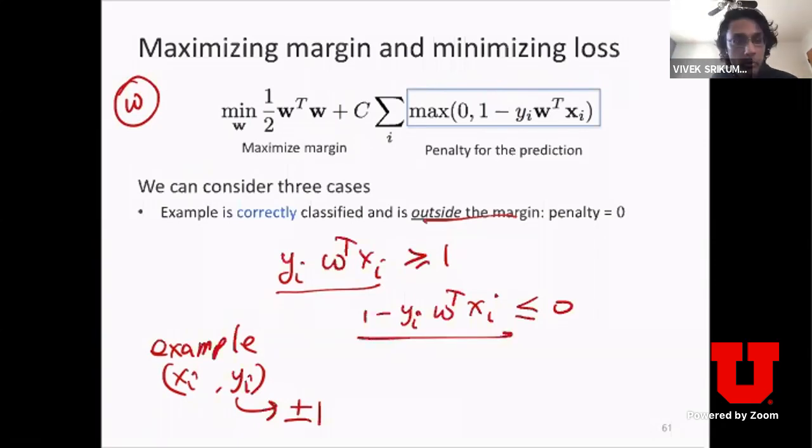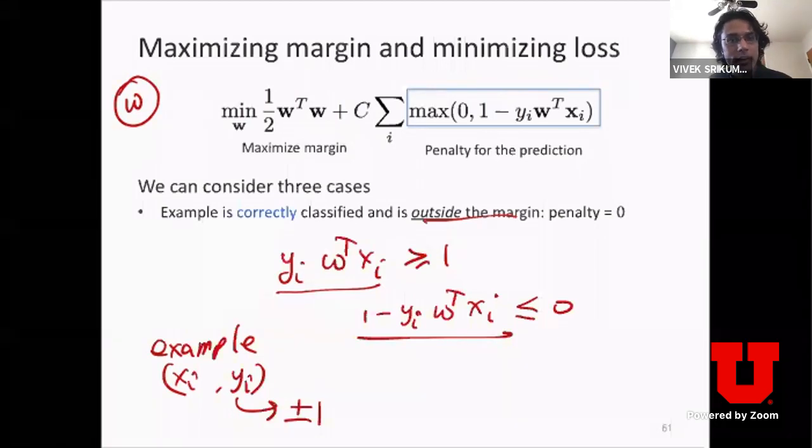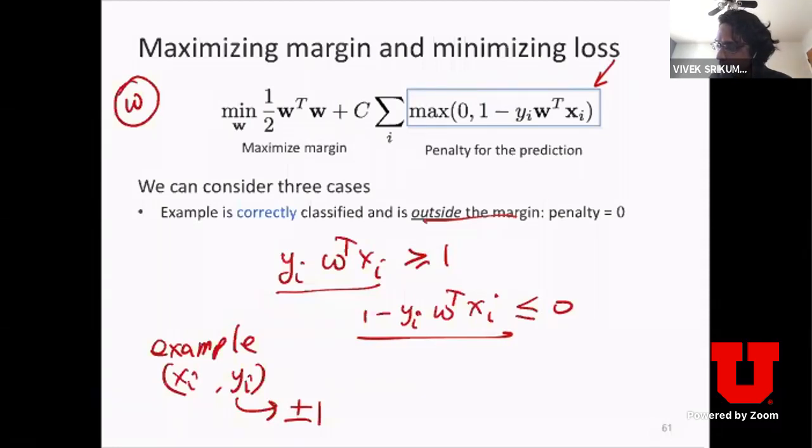That means 1 minus y w transpose x is negative, which means the max of a negative number and 0 is of course 0. The penalty for this particular case is 0, which is a totally reasonable thing. The example is correctly classified, and not only is it correctly classified, it's placed on the correct side of the margin. There's no need to penalize the weights.